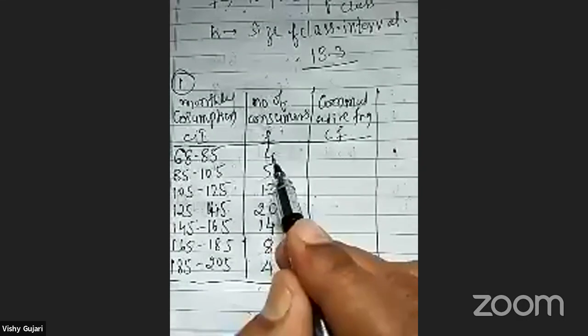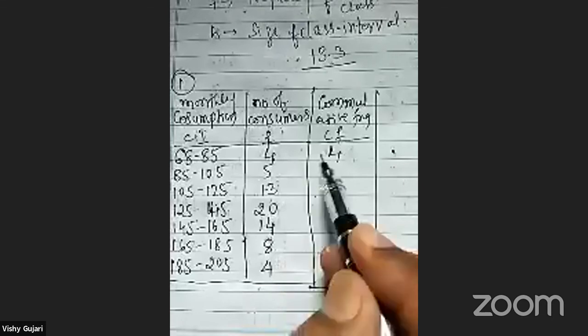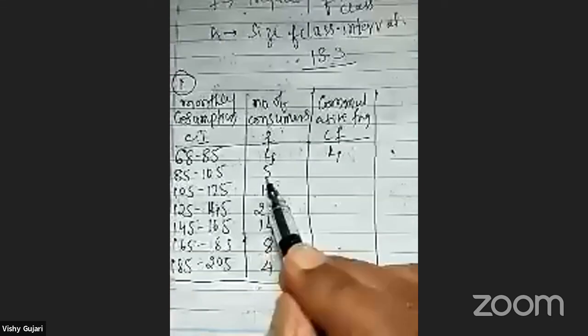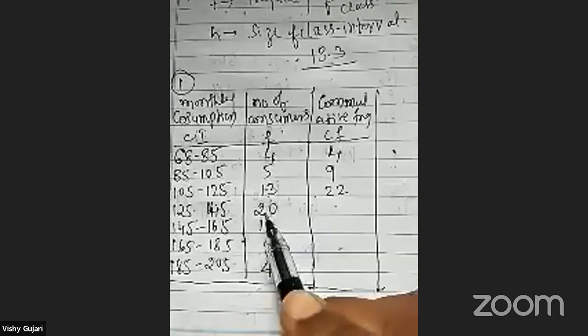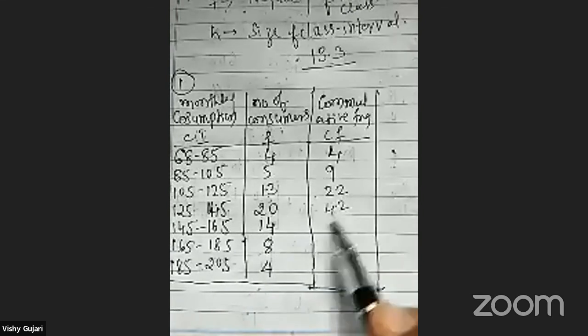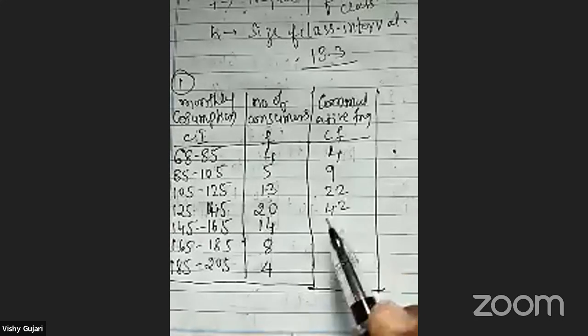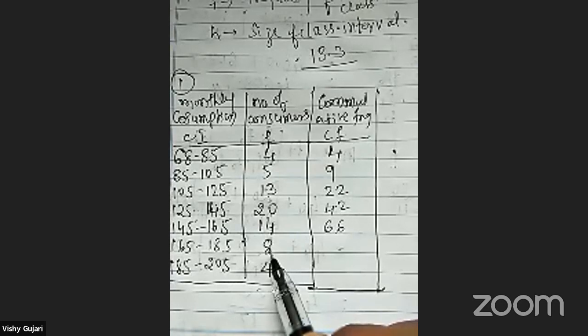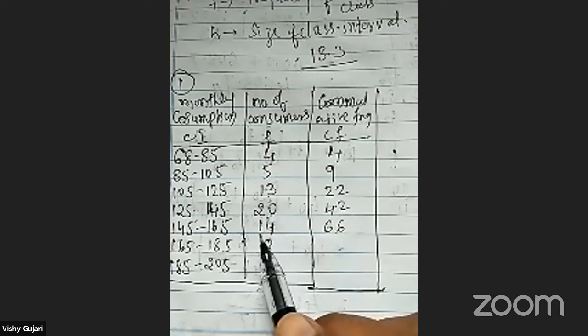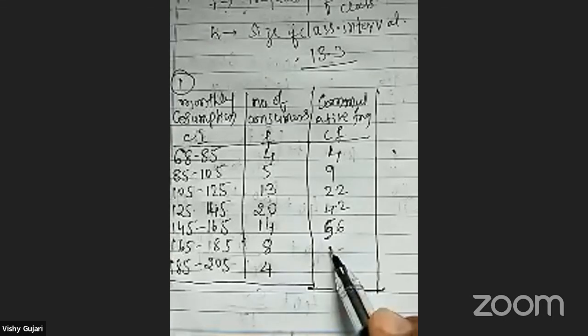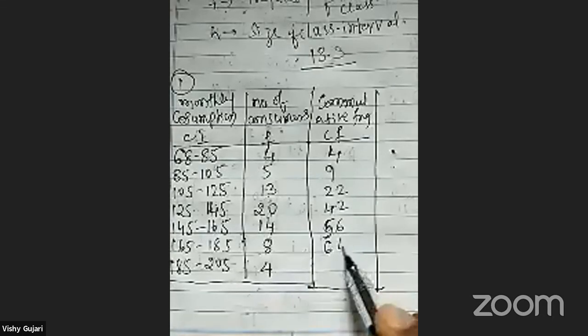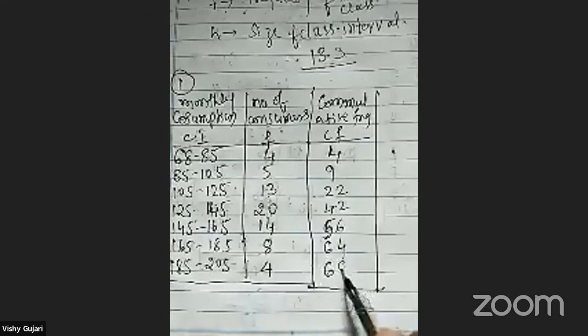Write the first frequency 4 as it is. 4, 4 plus 5 is 9, 9 plus 13 is 22, 22 plus 20 is 42, 42 plus 14 is 56, 56 plus 8 is 64, 64 plus 4 is 68.